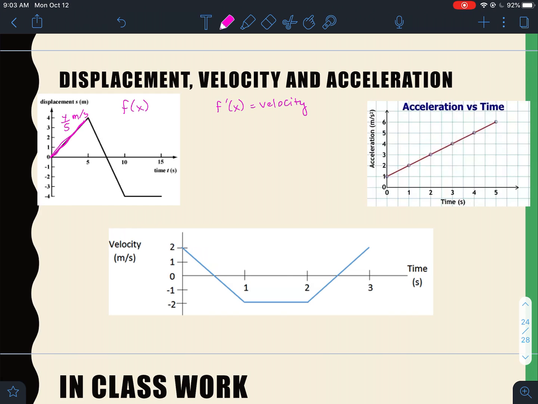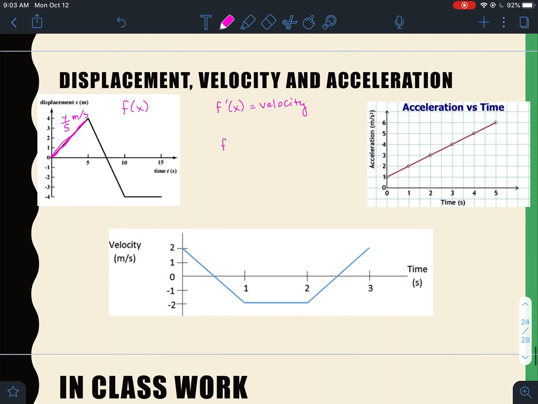So the velocity graph, if I were to graph it, would be at a constant rate. It would be a horizontal line of 4/5 that entire time. That first piece between 0 and 5 would be at a constant velocity of 4/5. So the derivative of displacement is velocity.